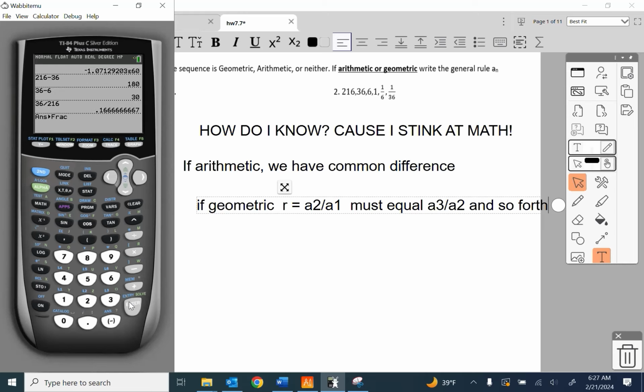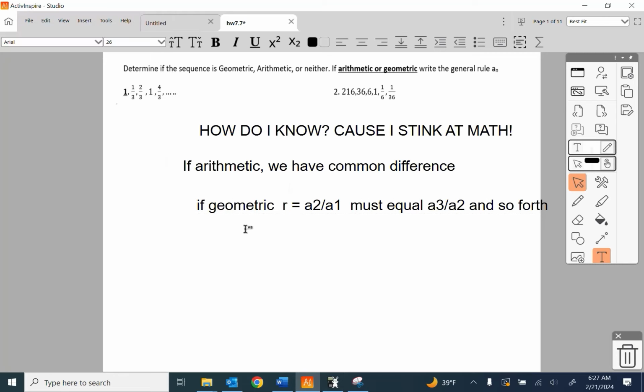I should get 1/6. That was the second over the first. This pattern should hold. Like 6 over 36 should be the same thing. Notice the decimals line up. And then 1 over 6 should be the same thing. So this is definitely a geometric pattern.